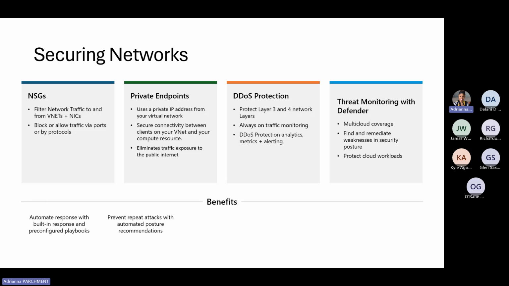So think of NSGs as, you wouldn't say a firewall, but it has some capabilities of filtering network traffic from virtual networks on Azure and also the VNICs that are attached to the compute resources. So for example, you can block traffic or allow traffic to a virtual network itself that a virtual machine is inside of, or an app service is inside of, or something that uses a network interface card.